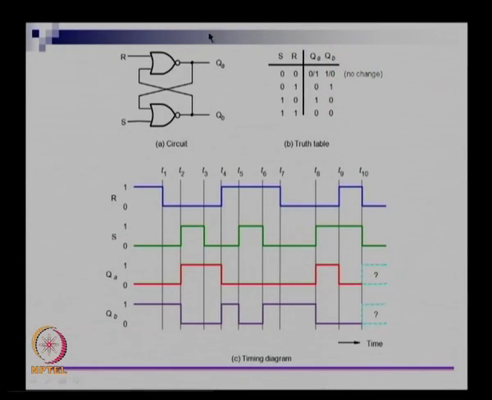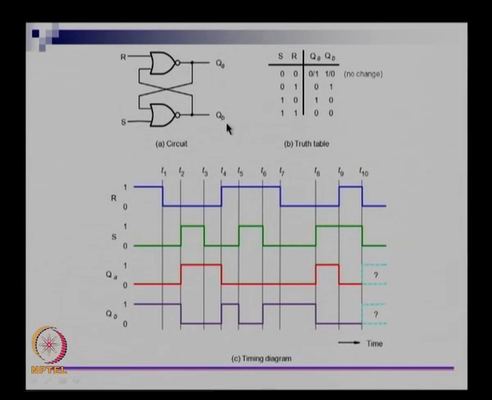So the same circuit is given above. So this sub figure A is the actual circuit, and the way it behaves is actually given as a table here. Okay. So let us assume that there are two outputs QA and QB for a moment.